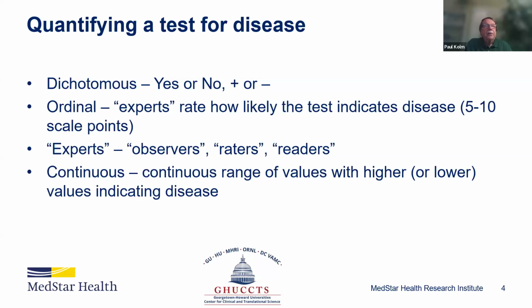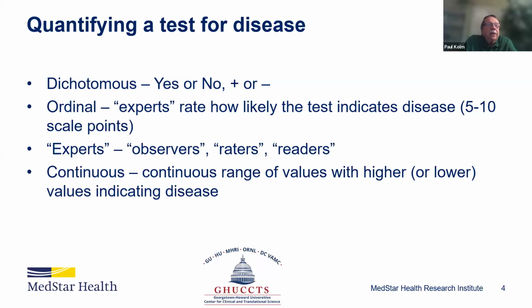If our rating scale is ordinal, then the experts or the raters rate how likely the test indicates disease, and usually the scale points are Likert scales, maybe 5 points or maybe up to 10 points. And then if we have a continuous variable, then we have a range of values where high values or lower values would indicate a disease.